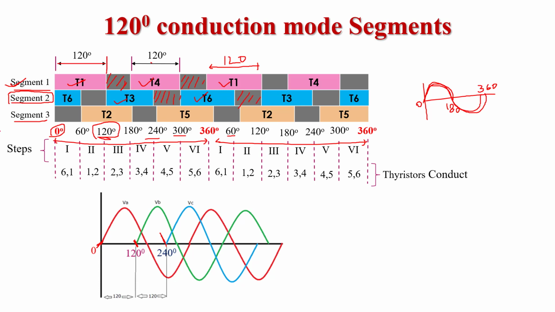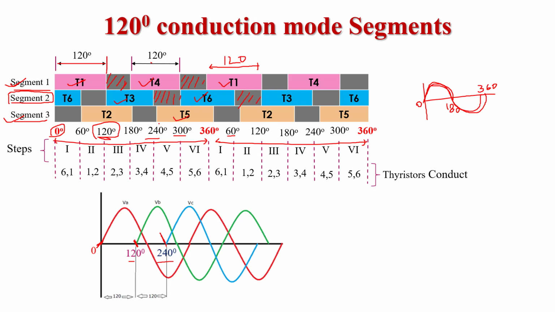Now consider segment 3. Segment 3 is in phase C. In segment 3, or phase C, we give a firing pulse to thyristor T5, because we know that if phase A starts from 0 degree, phase B starts from 120 degrees and phase C starts from 240 degrees.